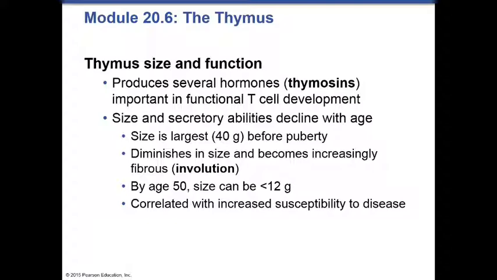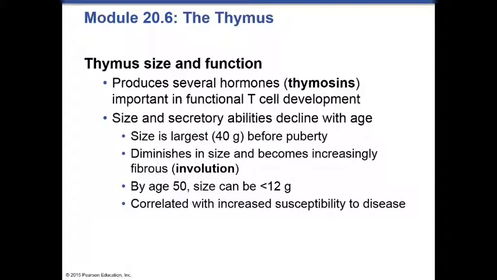cells for thymus. Now the size of the thymus is going to decline with age. It's going to be largest before puberty. It's going to get smaller and smaller. That is, it involutes or it undergoes involution throughout your life. By age 50, it is about 1/4 the size that it was.